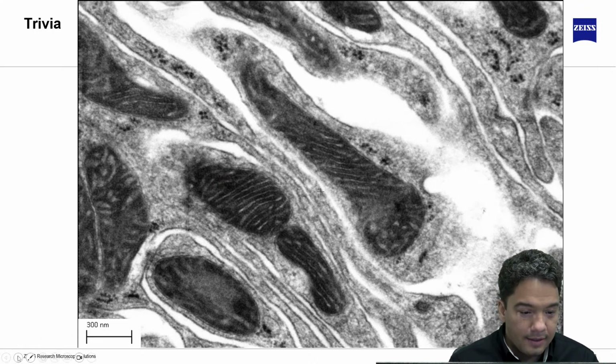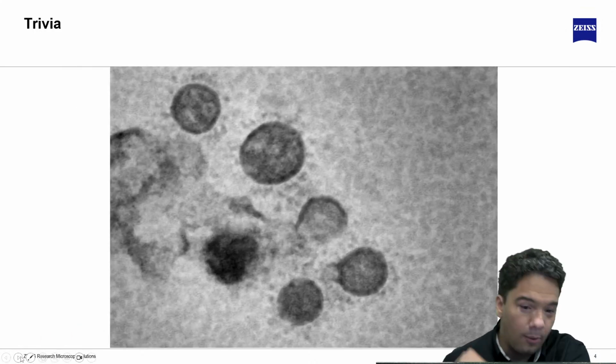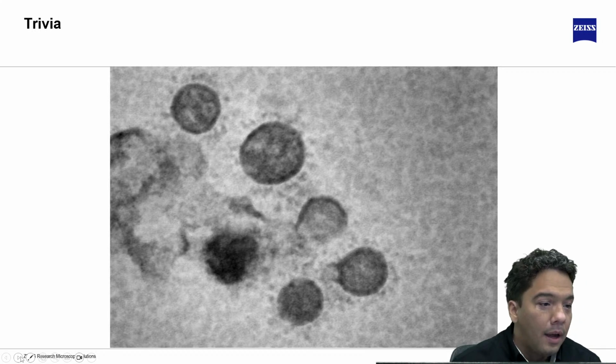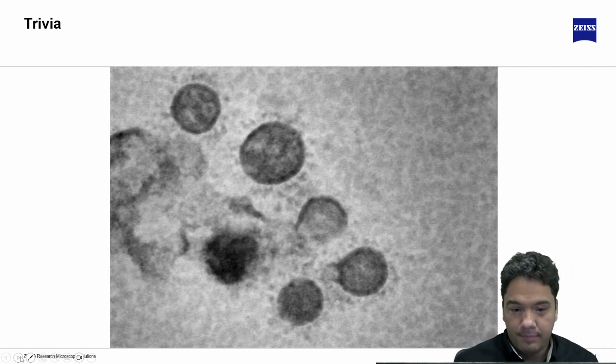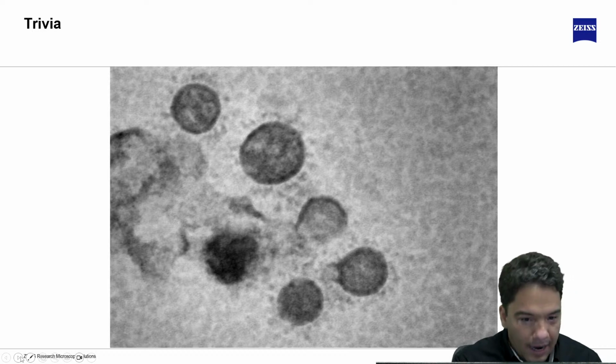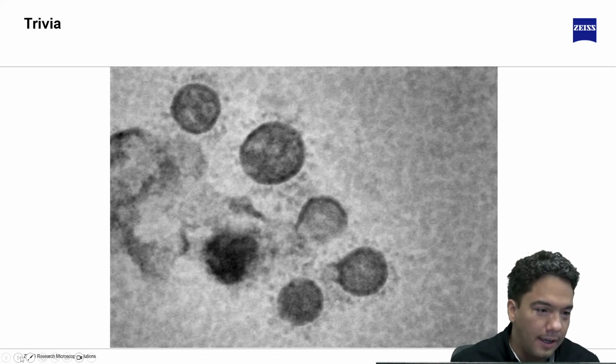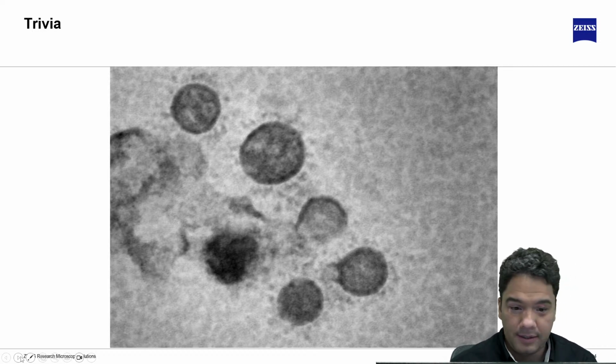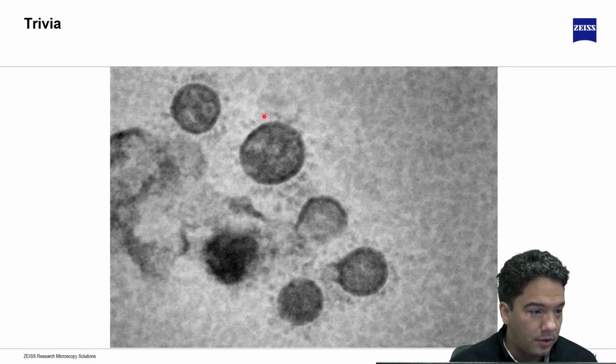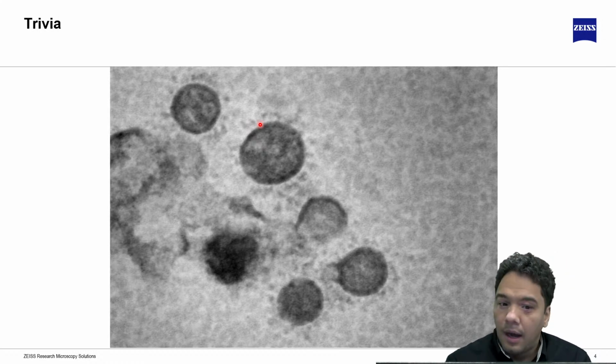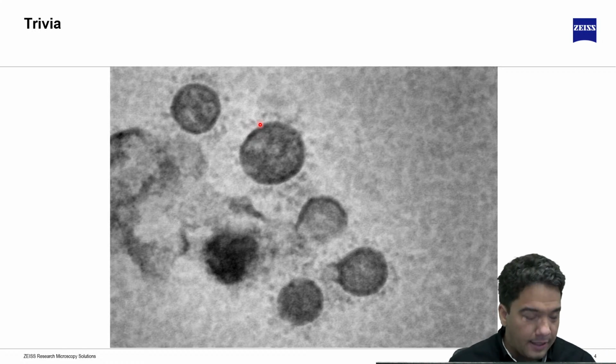Okay, let's continue. Now we are seeing coronavirus, or viruses. This is a very typical structure. You can see the spikes here. This is a very typical image from a TEM, right? Okay, now this is another SEM image.